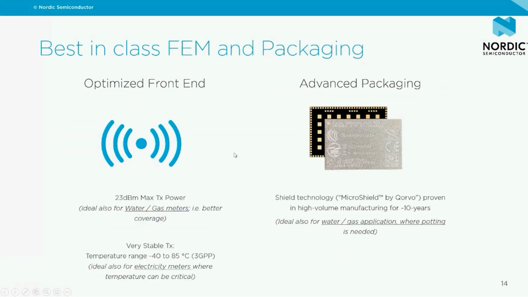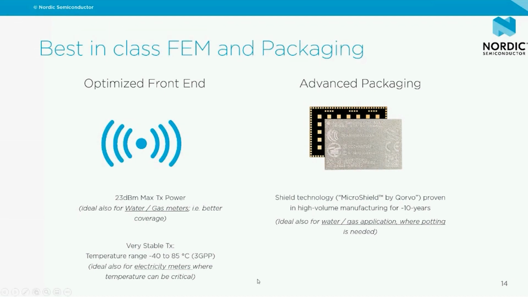We have really focused on building best-in-class front end and packaging to create a really robust solution for smart metering. We support 23 dBm max output power, which is the highest allowed in the network today. So that is ideal for any metering where you need as good coverage as possible.